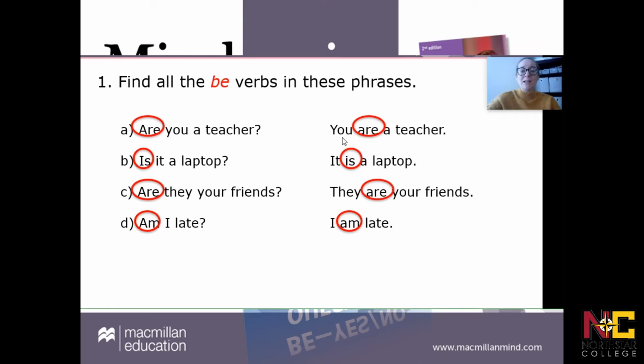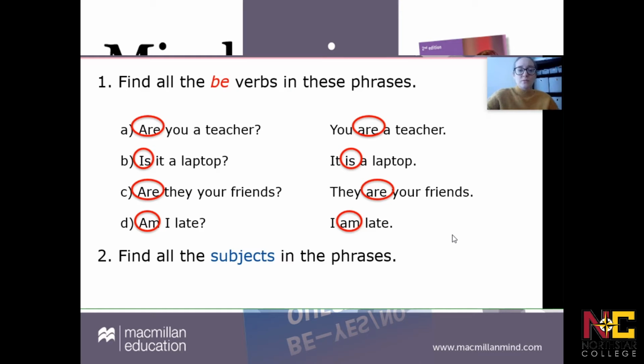So when you make a statement, you have to begin with your subject and then your verb. But when you ask a question, you start with your verb. So, are you, you are. Is it, it is. Are they, they are. Am I, I am. You just switch.